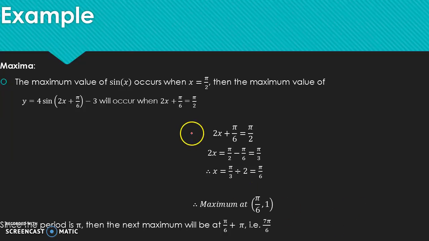So what I've done here, I've equated 2x plus π over 6 to be π over 2, and I just solve for x. So the maximum of this trig function is going to be at π over 6, and the maximum value is 1. Now since the period is π, that's going to repeat itself.